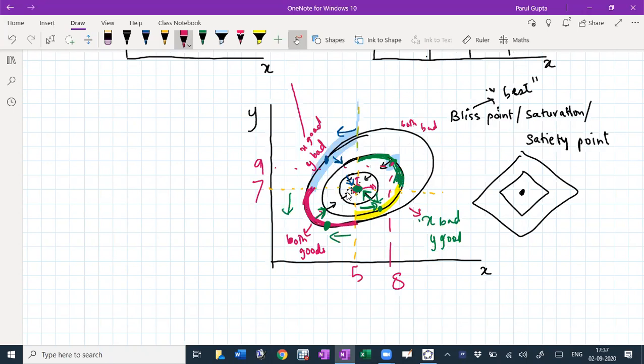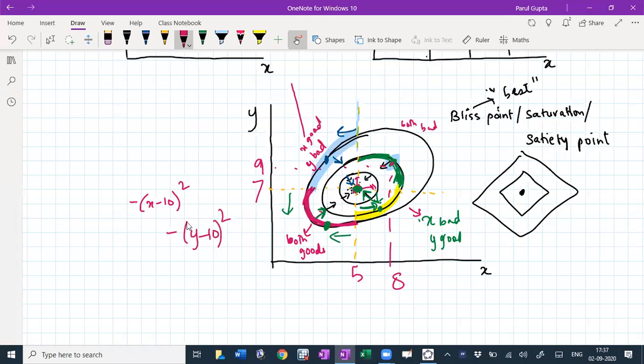So circles can also represent saturation point bundles. Let's say I have (x minus 10) whole square minus (y minus 10) whole square.